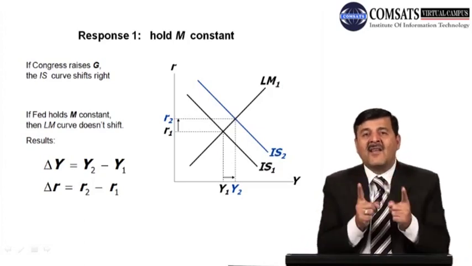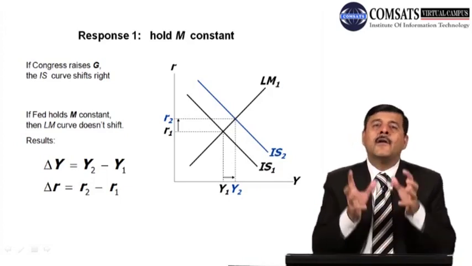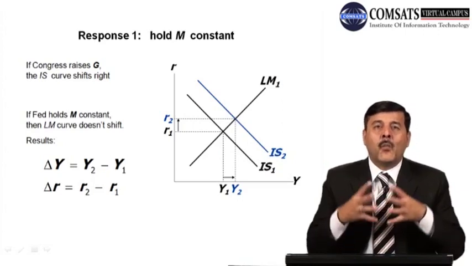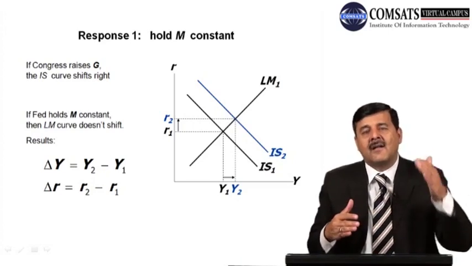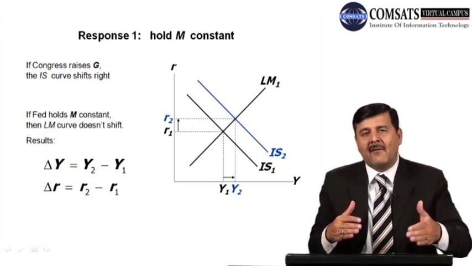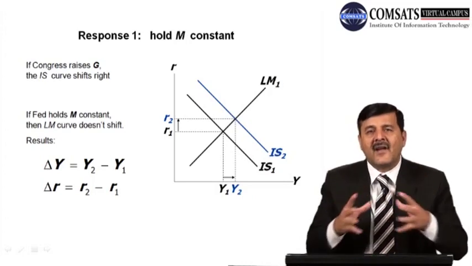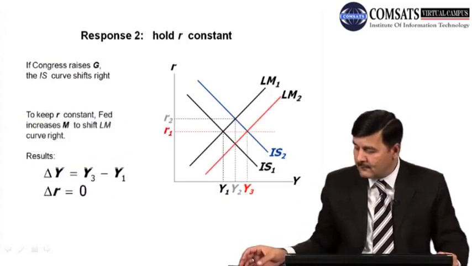If money supply remains constant, monetary policy does not respond to the change in government spending, and there will be a change in both macroeconomic variables: income changes by Y2 minus Y1, and the rate of interest changes by R2 minus R1.